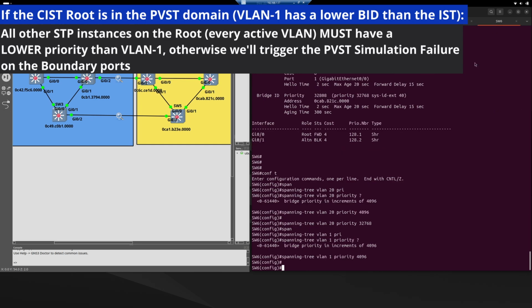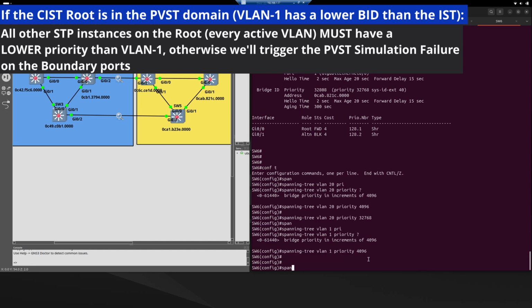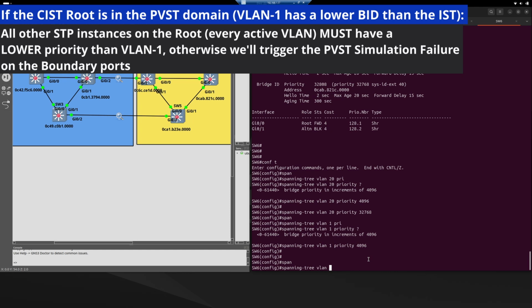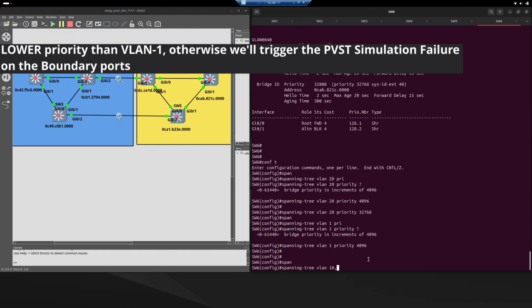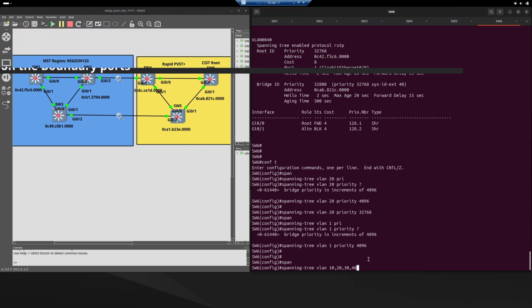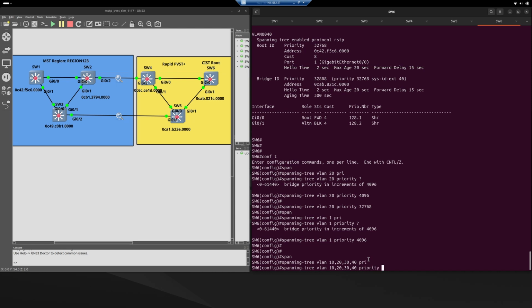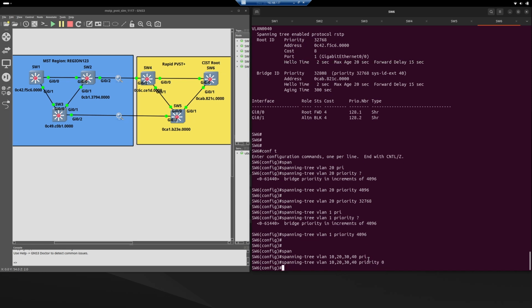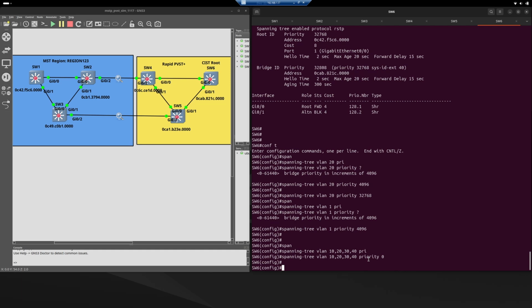That's why I made it 4096, so that we can lower the priority of the other instances. And let's do that. Spanning-tree vlan 10, 20, 30, and 40, priority 0. And now the boundary port should be forwarding again.